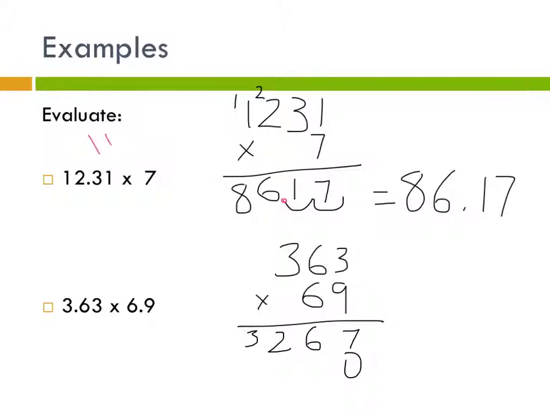This time 6 threes are 18. Carry the 1. 6 sixes are 36. Plus 1 becomes 37. Carry the 3. 6 threes are 18, 19, 20, 21. So 3,267 plus 21,780.